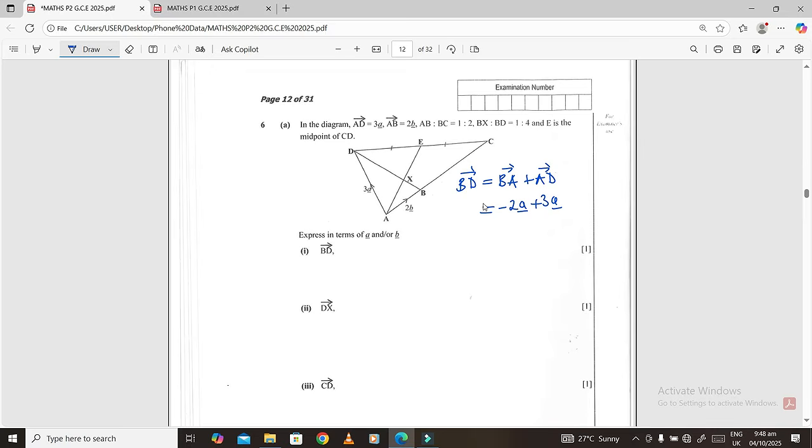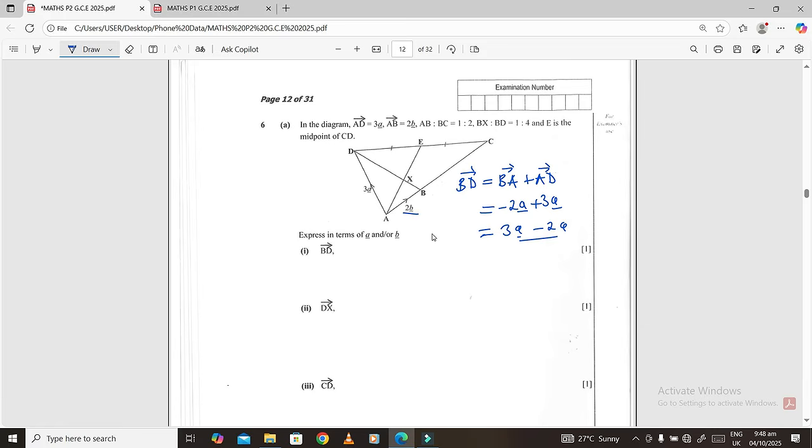So in case you are wondering why am I putting negative and yet this has got a positive, it's because this is the opposite. We have AB here. The arrow is pointing to the direction of AB, while what we want is BA, which is the opposite. So we can clean up this and say this is a 3A minus 2A.